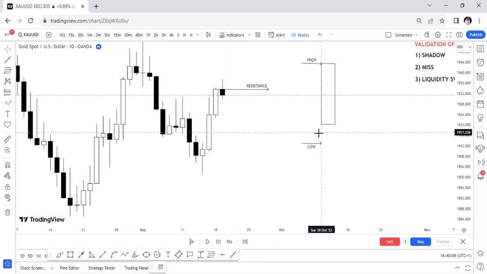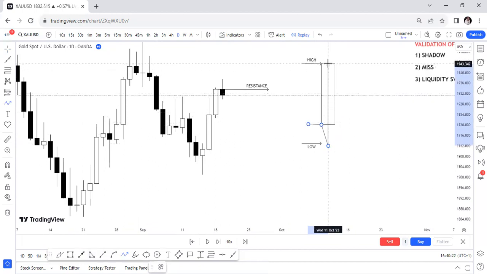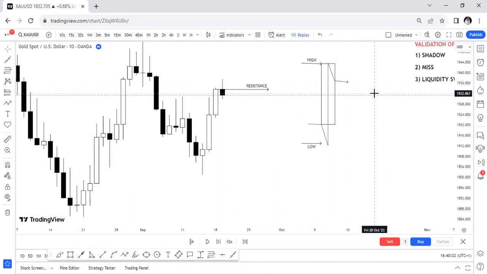So it opens here, comes down to form the low, then starts moving higher above the opening to form the high of the day, or of that trading week. It will now come down to close below here in order to be a bullish candlestick.